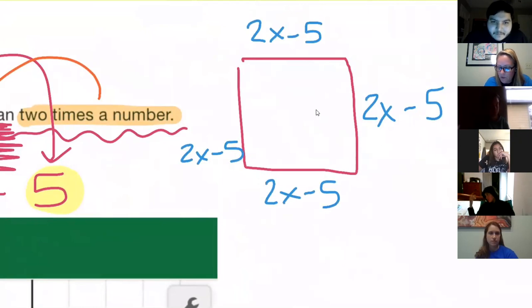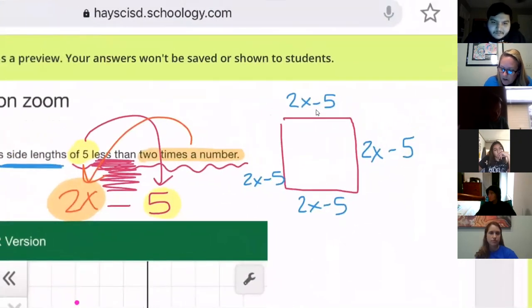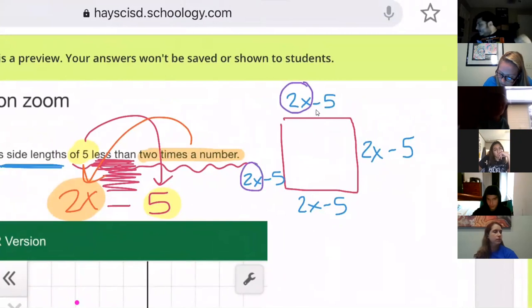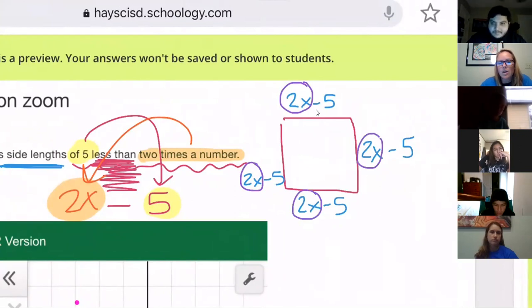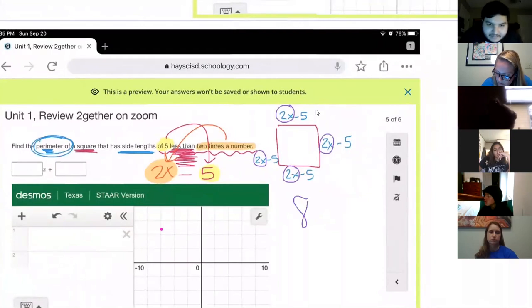All right, so we're going to combine all the things that are alike. Let's put all of our X's together. In the chat, type what you get for your X's. How many X's do we have all together when you add all those up? X. All right, good.